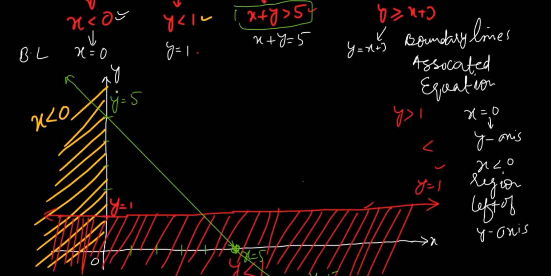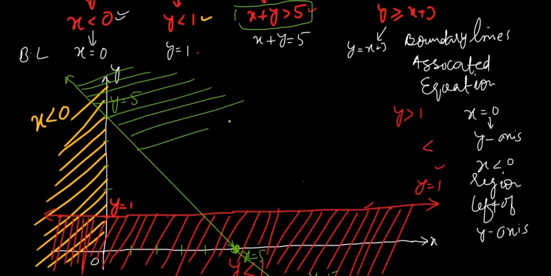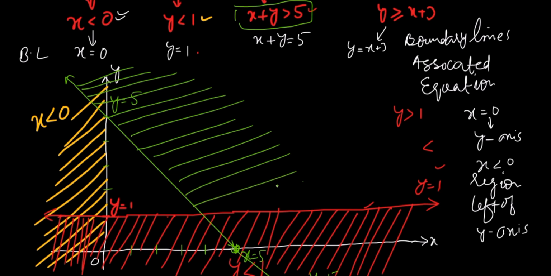So we shade the graph above this line. This shaded region shows the graph of inequality x plus y greater than 5.